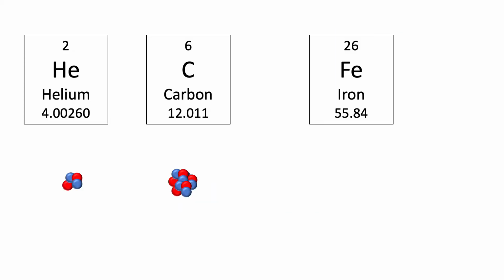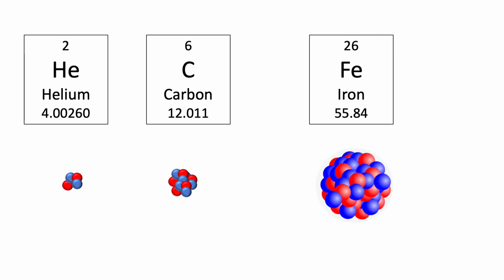Well, it turns out that the iron nucleus is larger than carbon or helium. It's got 26 protons in it and 20-something up to 30 neutrons in it. There are some that have 26 and there are some that have 30 and everything in between.